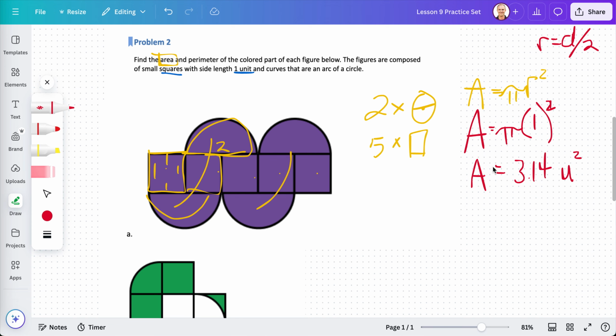Okay, so each of the circles, and we'd have to multiply this by 2. Each of the circles is 3.14 units squared. The squares are 1 by 1. So the area of a square equals length times width.